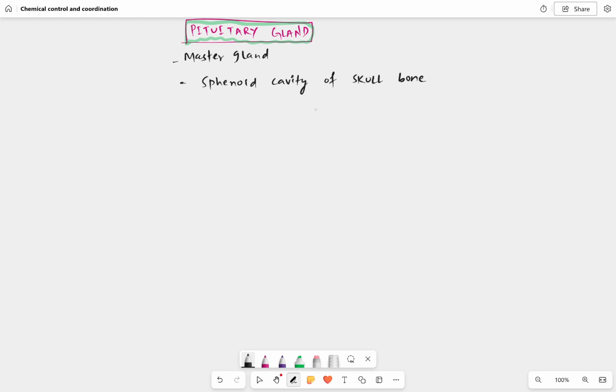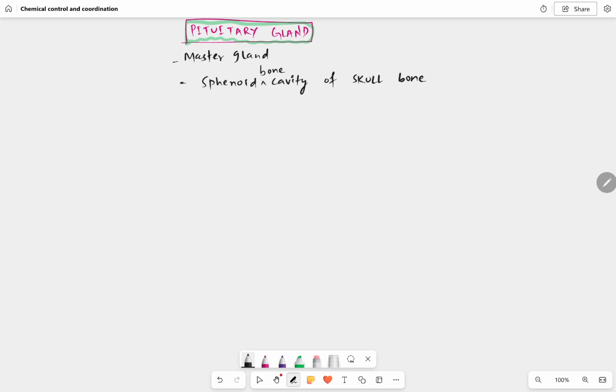Sorry, I am making a mistake. It's not the sphenoid cavity, it's the sphenoid bone. So a small correction: it is the sphenoid bone where there is a cavity of the skull bone, and in that cavity the pituitary is found.